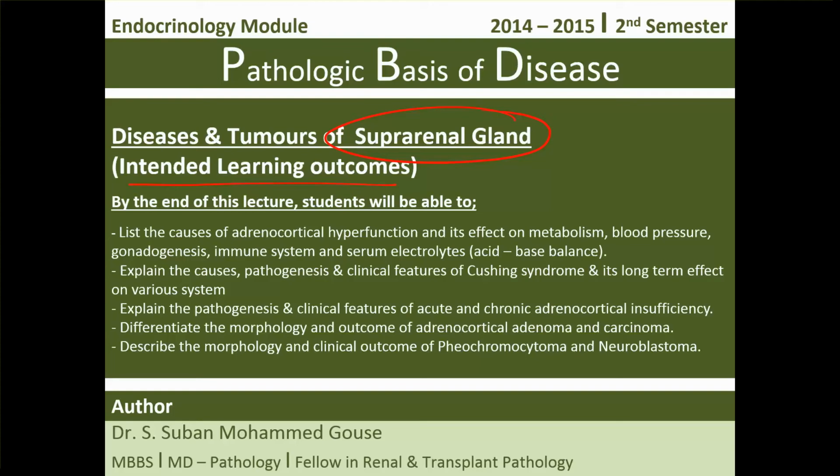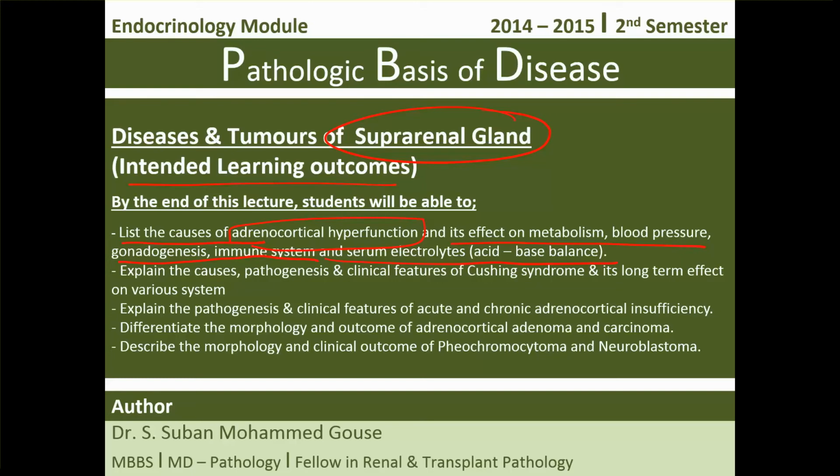By the end of this lecture, I expect you to be able to list the causes of adrenocortical hyperfunction and its effect on metabolism, blood pressure, gonadogenesis, the immune system, and serum electrolytes.